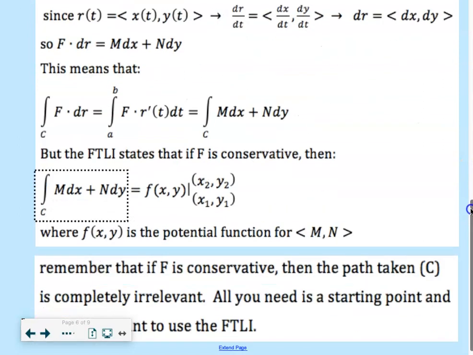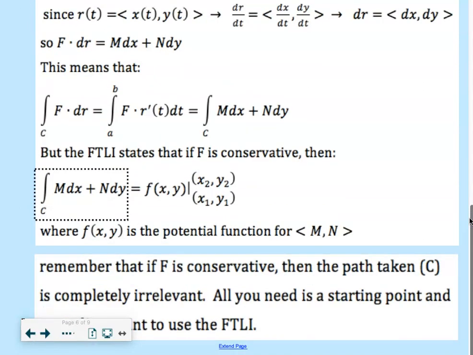So why not just do the simplest path possible, which means find the potential function for big F, and then evaluate the potential function from beginning point to ending point, and you end up with an equivalent value for your F dot dr. All right, so the FTLI, fundamental theorem of line integrals, says that if F is conservative, then the integral over curve C of M dx plus N dy is equal to the potential function f from point 1 to point 2. Remember that if F is conservative, the path taken is completely irrelevant. All you need is a starting point and ending point to use the FTLI.